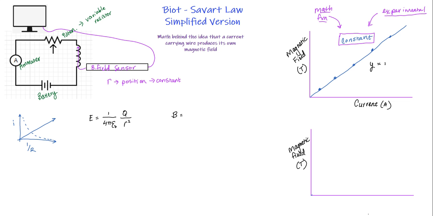Because if I write my generic linear function, I know y is the magnetic field, represented with B, x is the current, represented with I, and then I have this constant stuff in here. So what I see is that I is analogous to Q, but instead of R squared, I'm actually getting R.